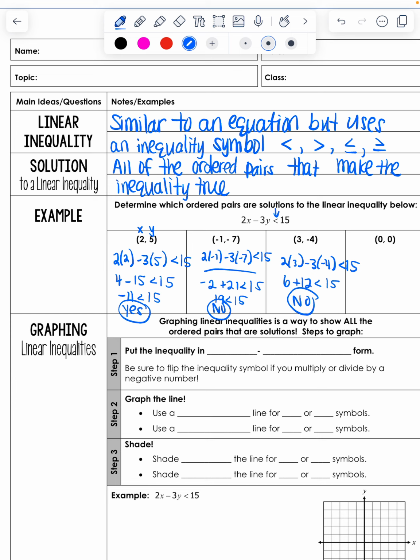And then last, replacing zeros in, 2 times 0 minus 3 times 0. Is that less than 15? Well, this is 0, and 0 minus 0 is just 0. 0 is less than 15, so yes. So what we're doing now is graphing linear inequalities. So our process here is we're going to be taking these inequalities, graphing them, one line.